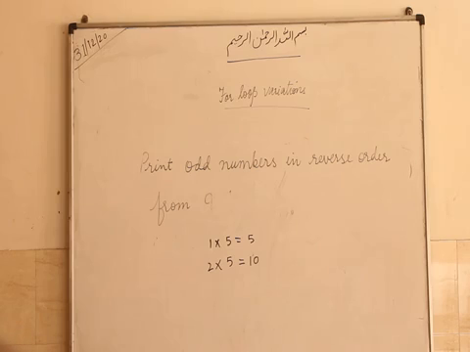Correct. Okay, i is less than or equal to 2. And i is this? i is 5. At the end, you will put the bracket. So it should be 11.